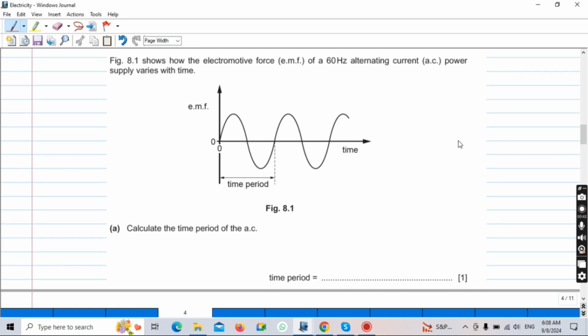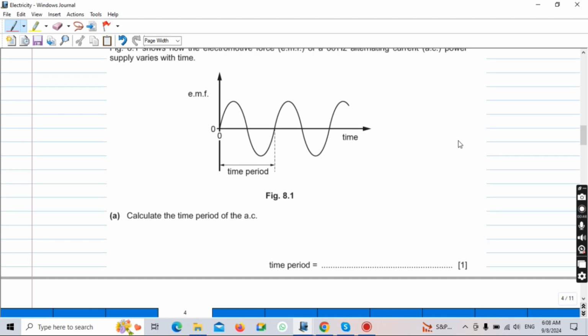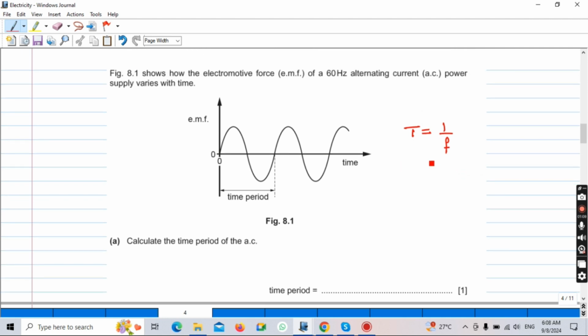And so the question is, calculate the time period of the AC. Right, so in order to calculate the time period, we know that frequency and time are inversely proportional. So T is equal to 1 over F. In this case, you have the frequency, which is in hertz.